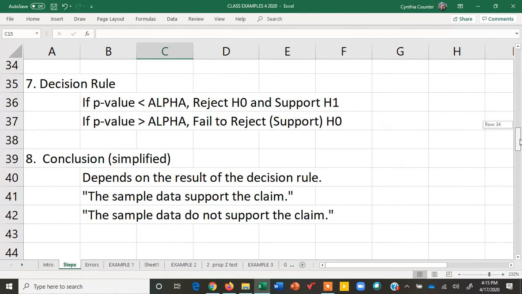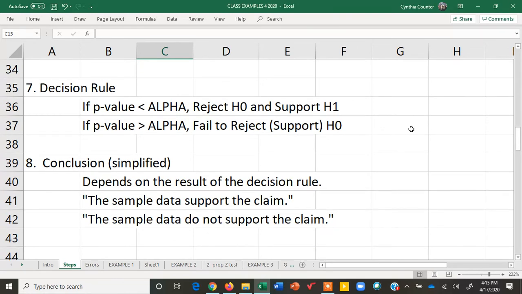The decision rule. This is where we decide if we're going to reject the null hypothesis or fail to reject the null hypothesis. And to do that, we compare our p-value to alpha. If our p-value is less than alpha, then we find that the probability of obtaining a value as different from our assumed value is unlikely to have occurred under our assumption.